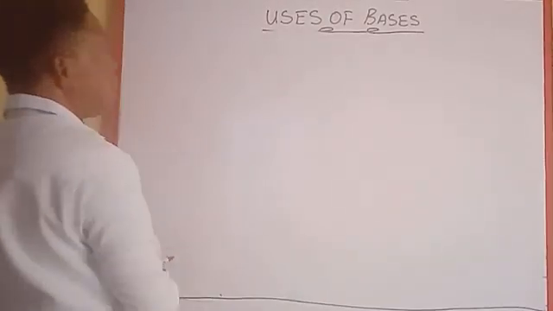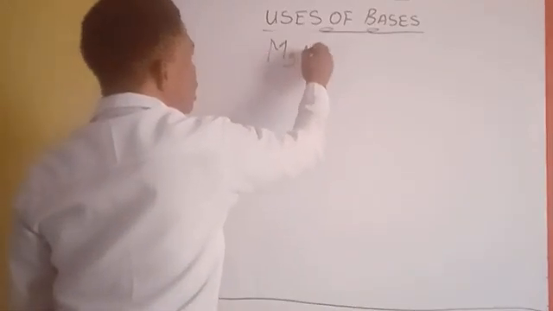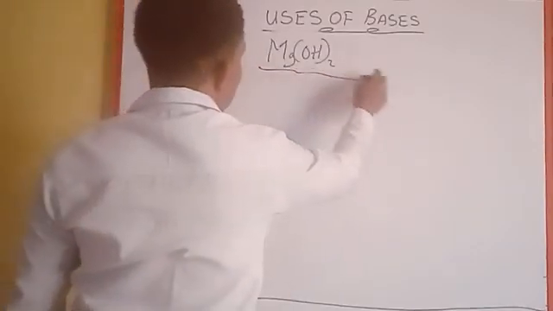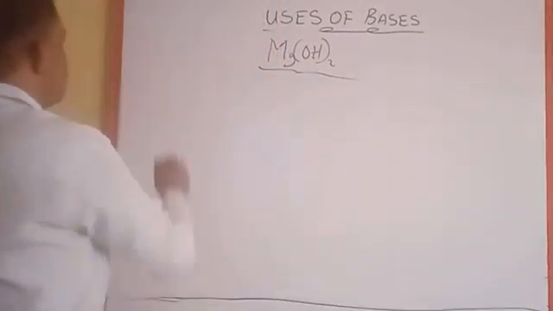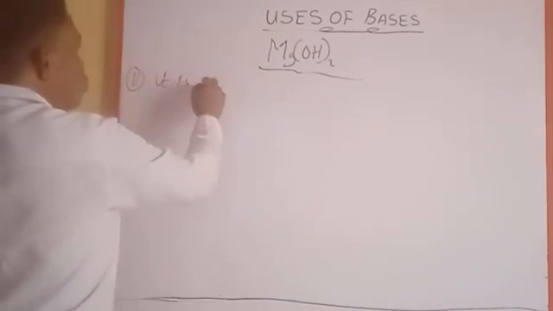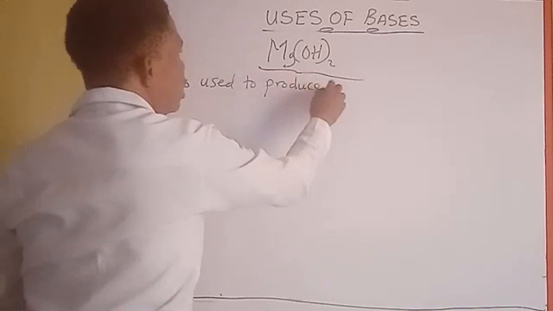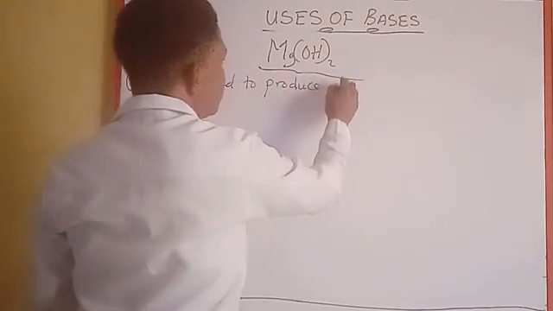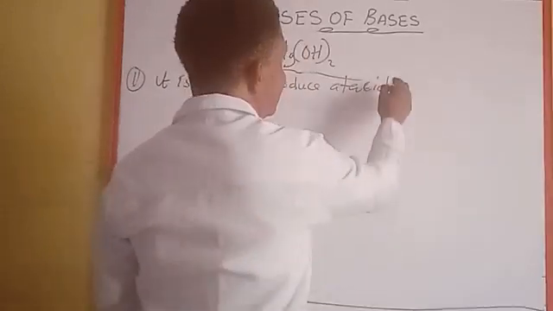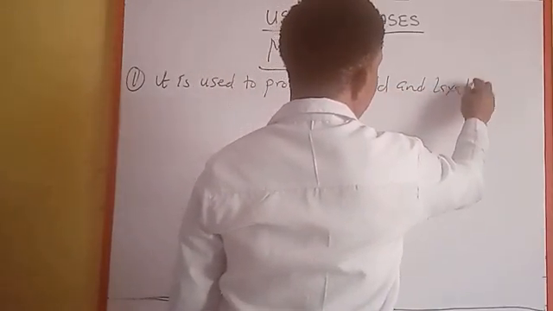Now let's look at the last one, magnesium hydroxide. Let's look at the uses of magnesium hydroxide. Number 1, it is used to produce antacids and laxatives.